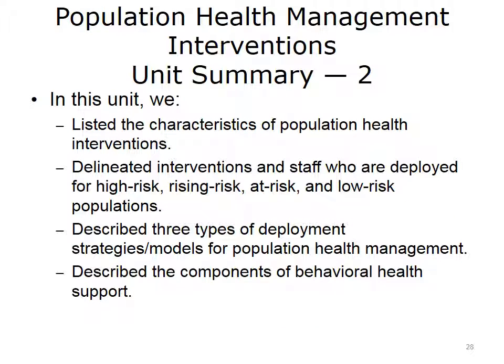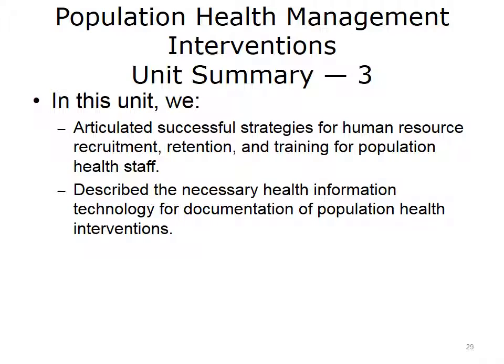We also explained the processes and key decision points by which interventions are prioritized for segments of the population, delineated interventions and staff who are deployed for high-risk, rising risk, at-risk, and low-risk populations. We described 3 types of deployment strategies, models for population health management. And finally, we articulated successful strategies for human resource recruitment, retention, and training for population health staff, and described the necessary health information technology for documentation of population health interventions.